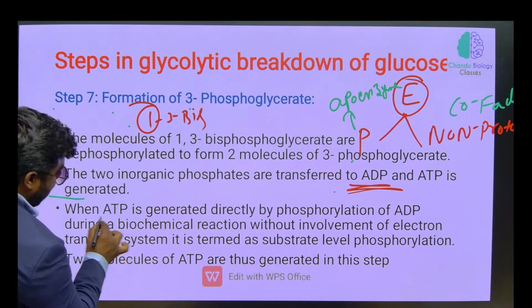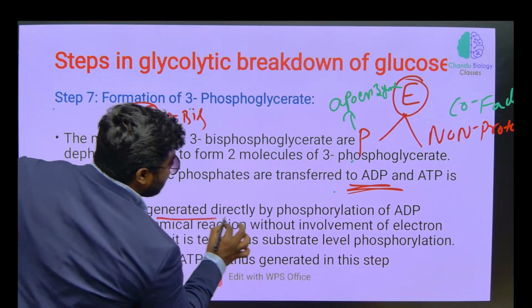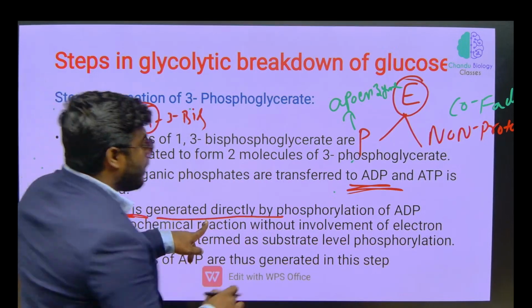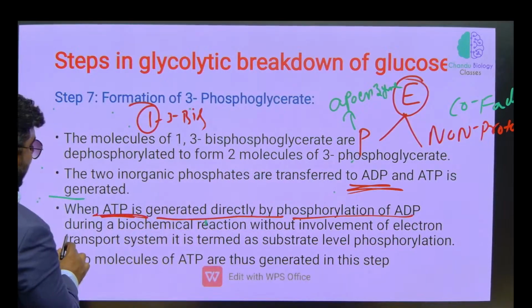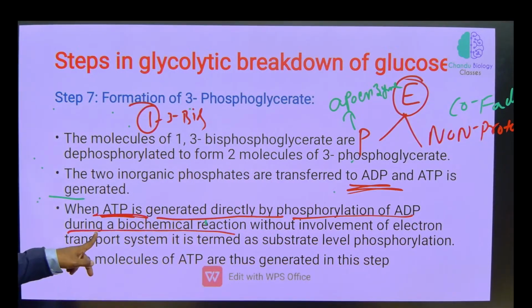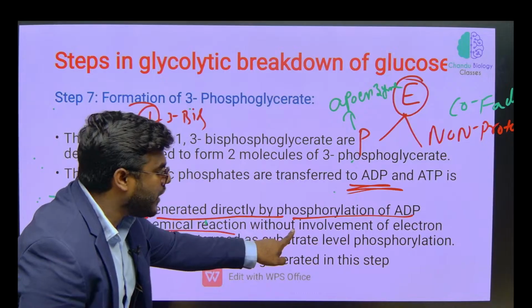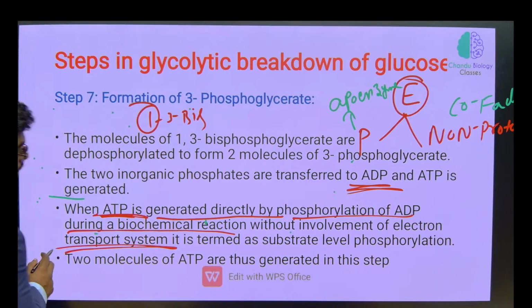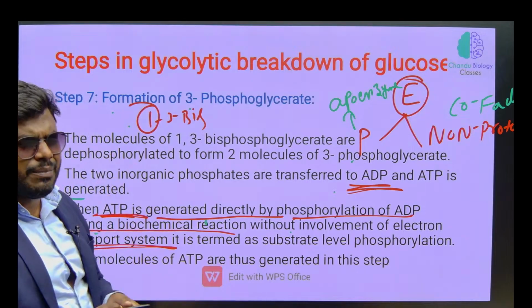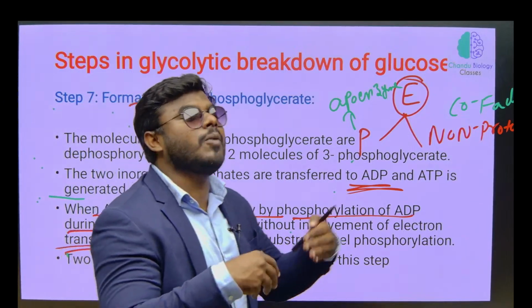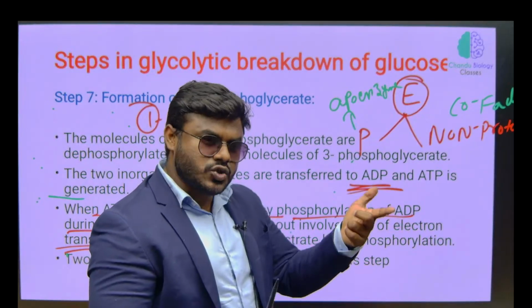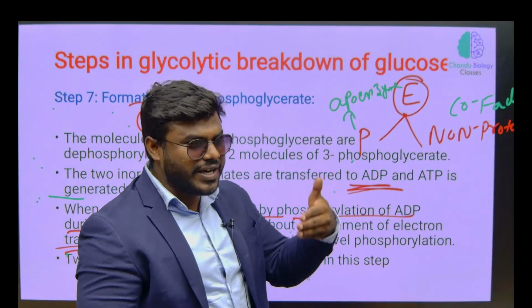When ATP is generated directly by phosphorylation of ADP during a biochemical reaction, without involvement of the electron transport system, what is it called? Electron transport chain means using complexes 1, 2, 3 and 4, which are present on the mitochondrial membrane, right?